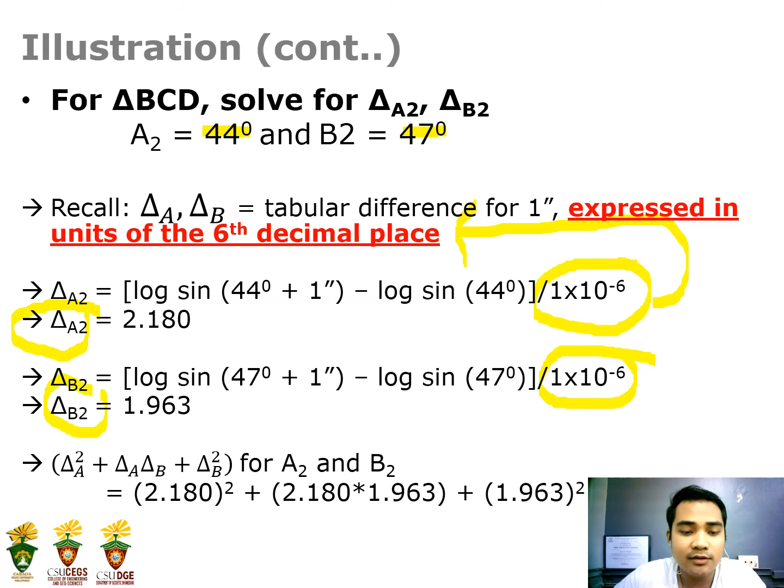Diri sa ato ang formula. So you can have 2.180 squared plus 2.180 times 1.963 plus 1.963 squared. So imo na siyang input into calculator, you can have the value of 12.885.